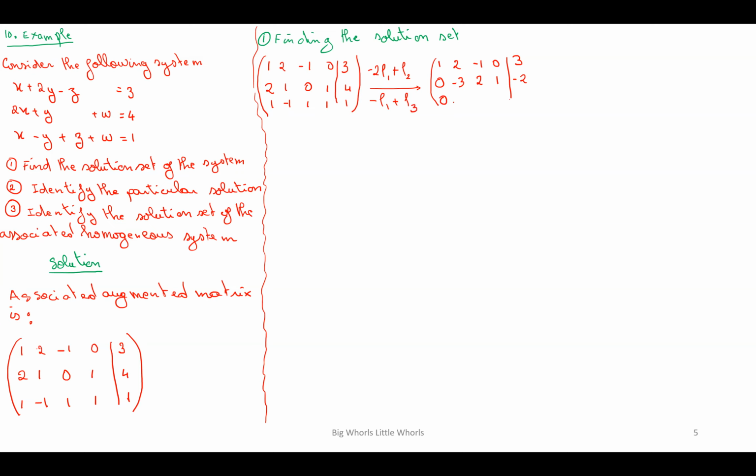So we have 0 there, and we have minus 3, and we have 2, 1, and minus 2. Then minus rho 2 plus rho 3.